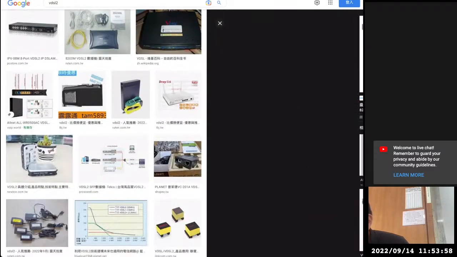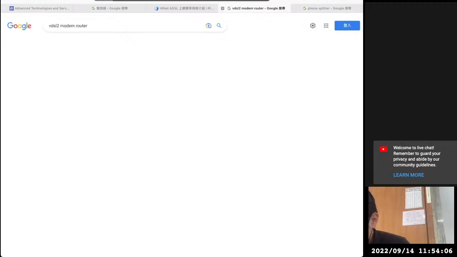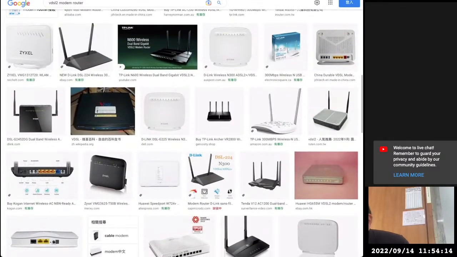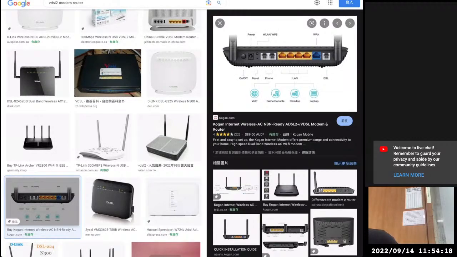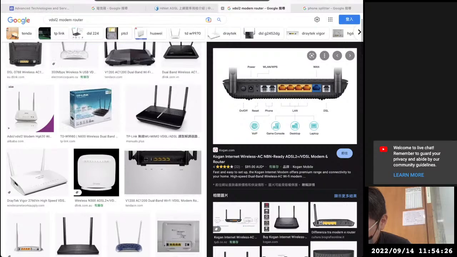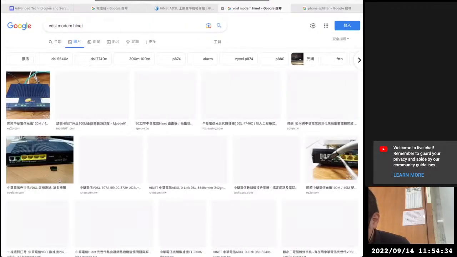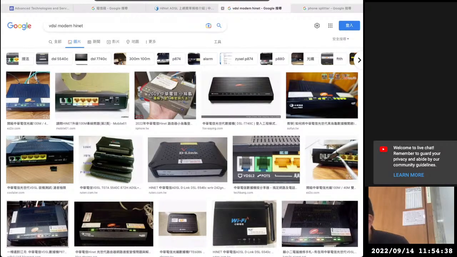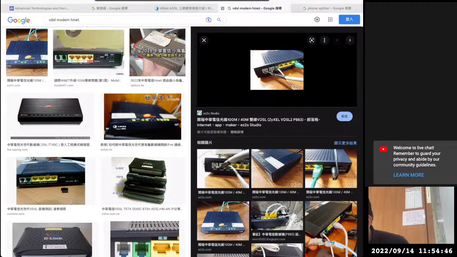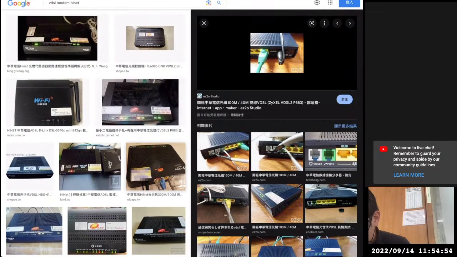The VDSL modem is a little bit different from the ADSL modem.